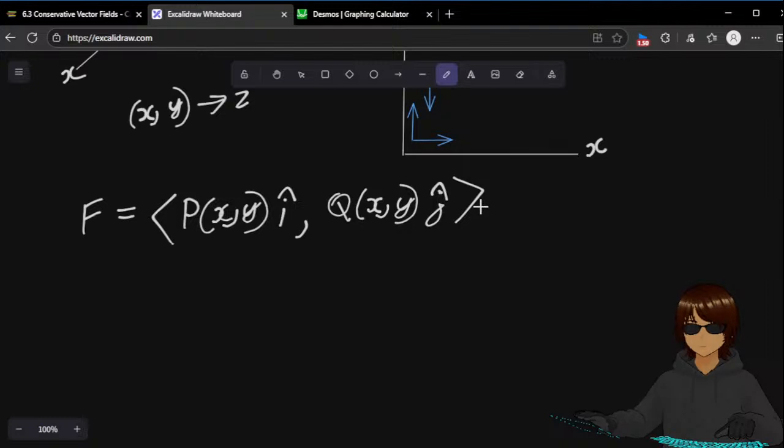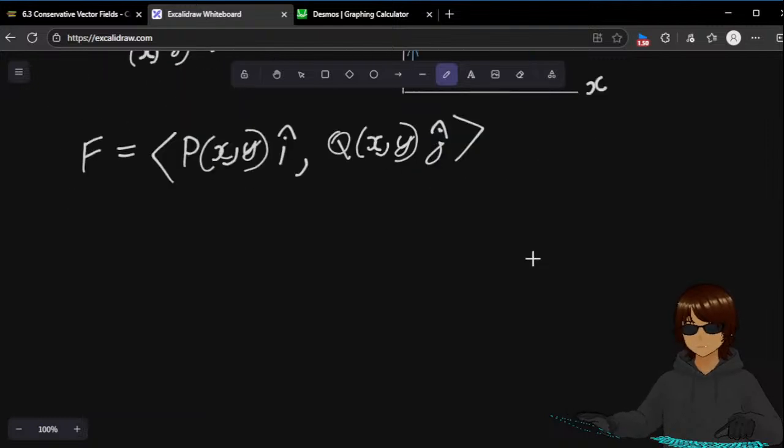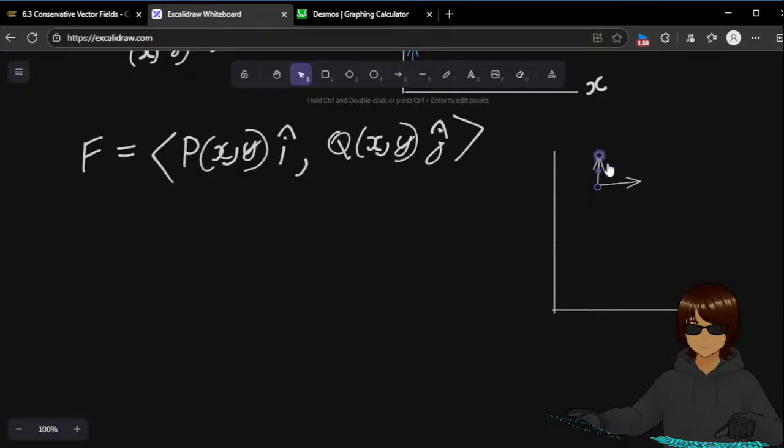This function just defines the vector field, like this one over here. So F of x, y defines some vector field.